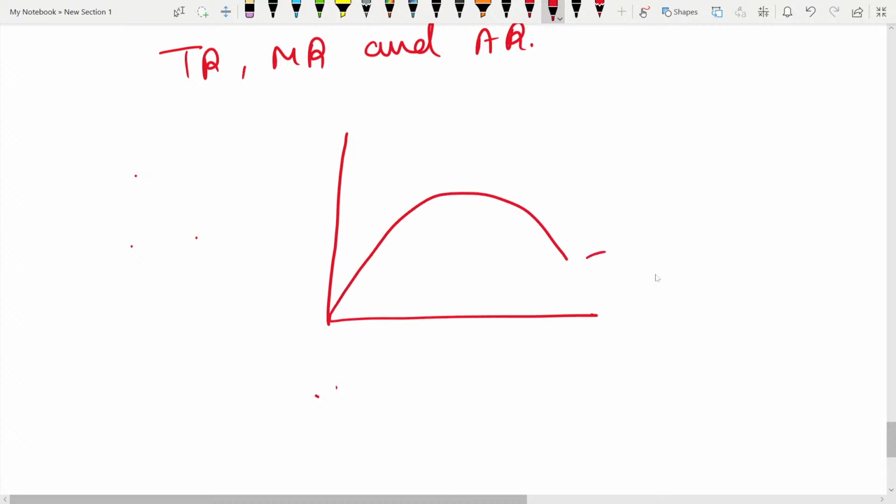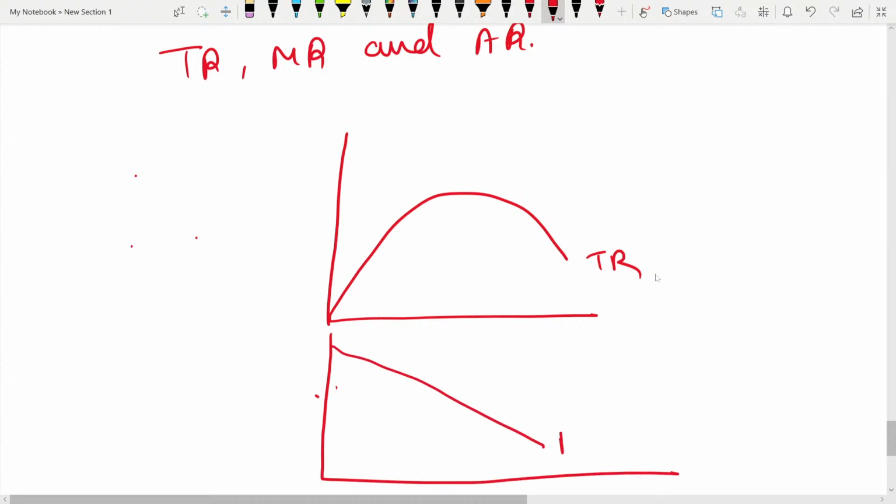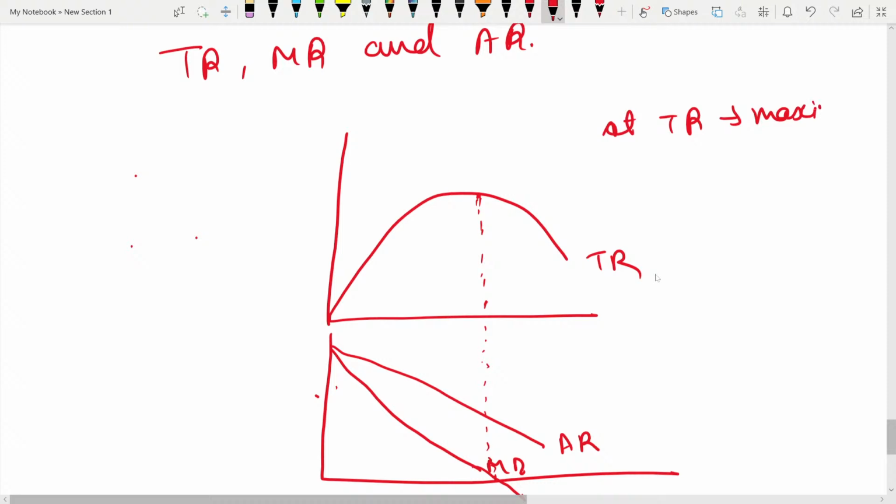So this is TR, this is AR, and this is MR. At the maximum point, TR shows MR just equal to 0.